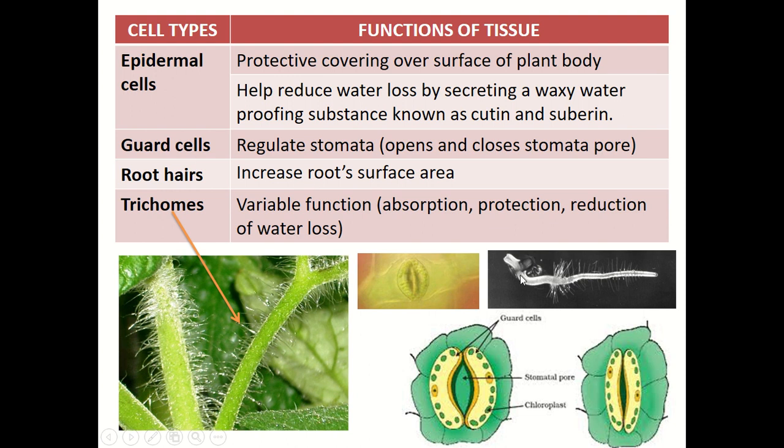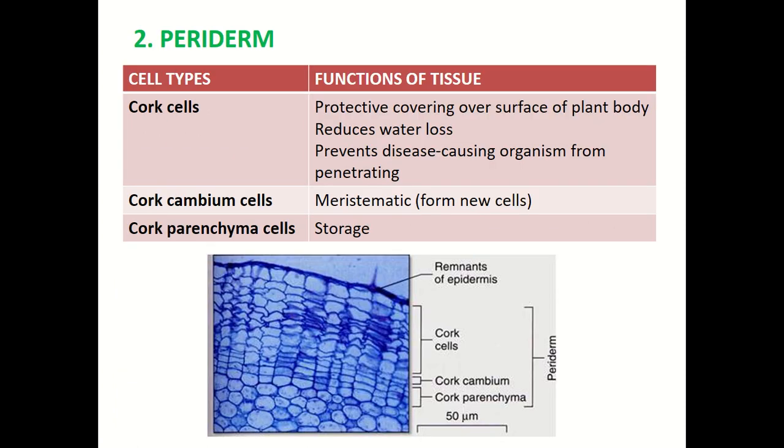The root hair helps to increase the root surface area to absorb water through the roots. And trichomes have variable functions, such as absorption, protection, and also the reduction of water loss.